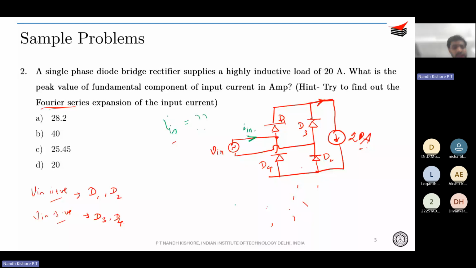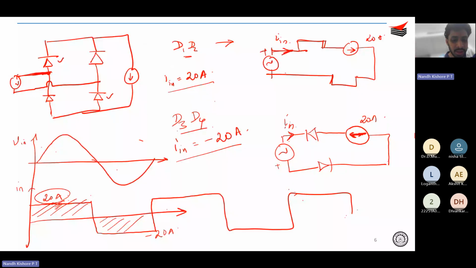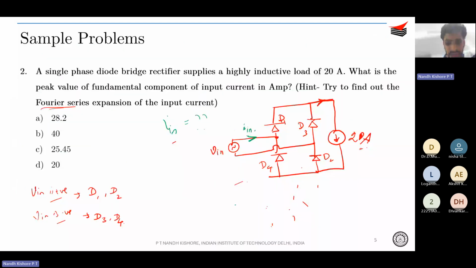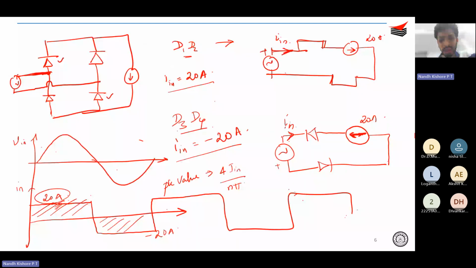The peak value of the fundamental will be, the idea is you get 4I by n pi. If you remember your Fourier series, you get 4V by n pi or 4I by n pi. In our case, it is 4I by n pi.